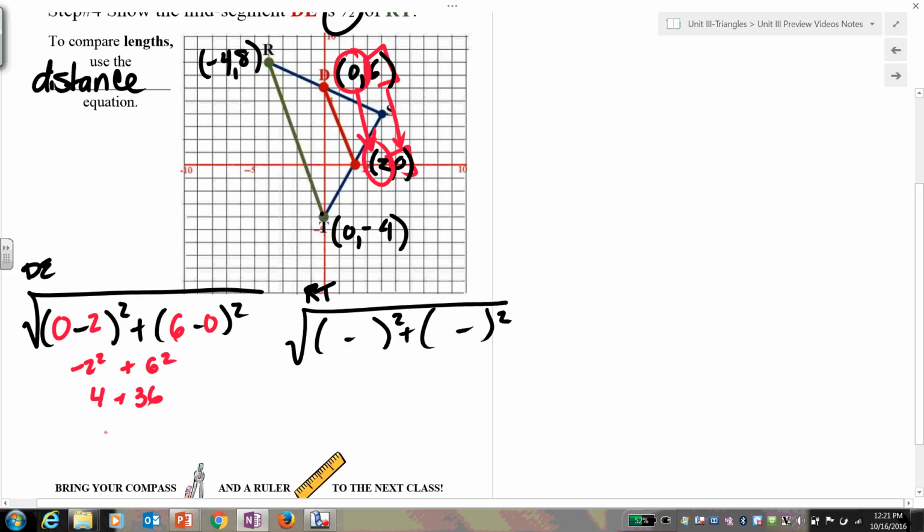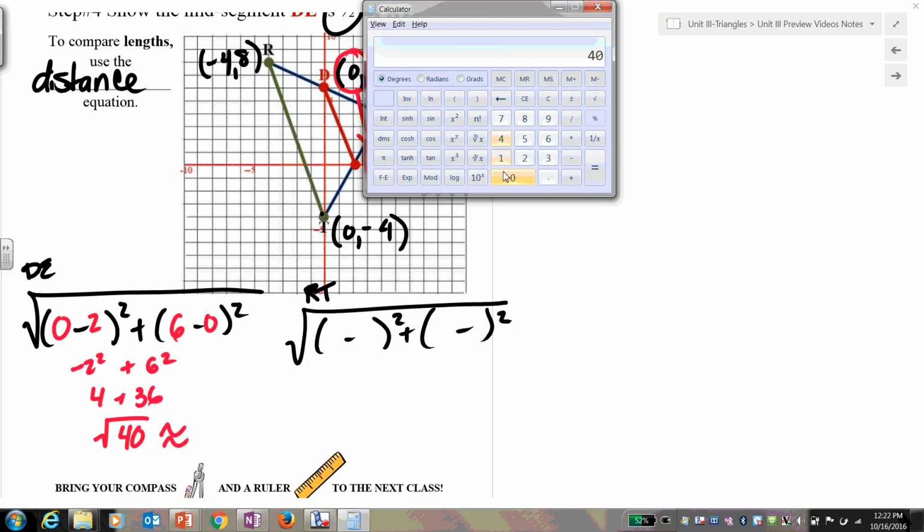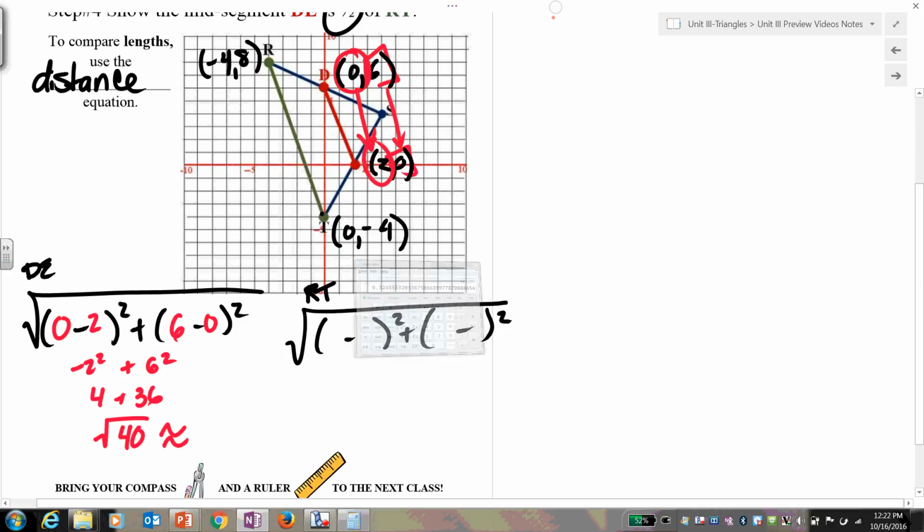We end up with the square root of 40. Now, because we have to compare lengths, and that's hard to do using radicals, we actually have to get a decimal here. So the square root of 40, we get 6.3 approximately. Notice the approximate sign.